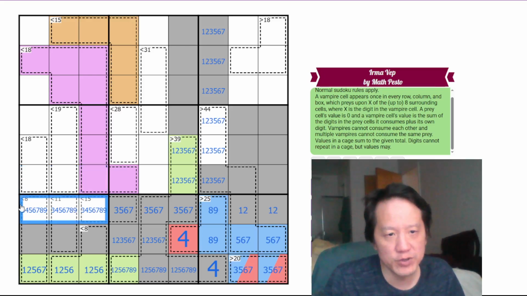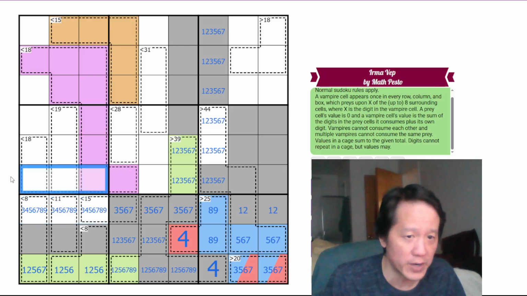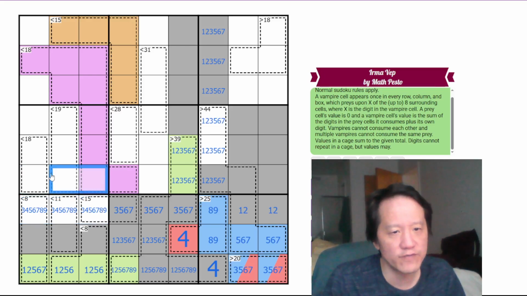We know there could be a vampire here. Actually, we know there is a vampire here. There could be a vampire here, which could suck values from these digits, right? This value could be sucked by a vampire in these areas, right?